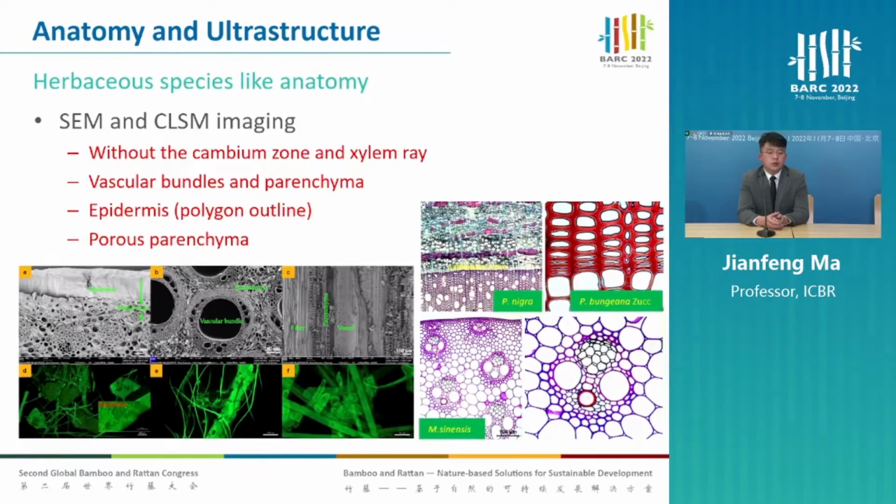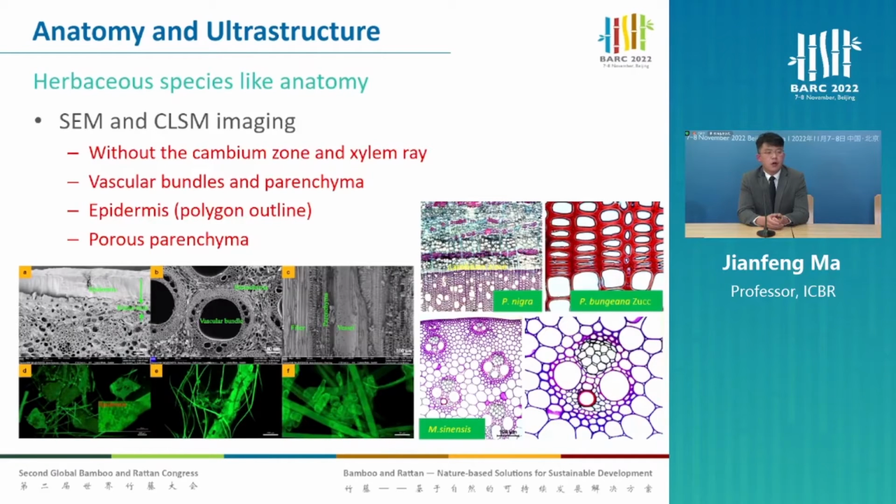In order to get a detailed visualization of the cell wall morphology of rattan, we separated the rattan cane with sodium chlorite to observe the morphology of the rattan cell wall.